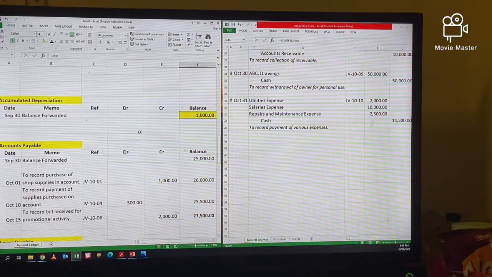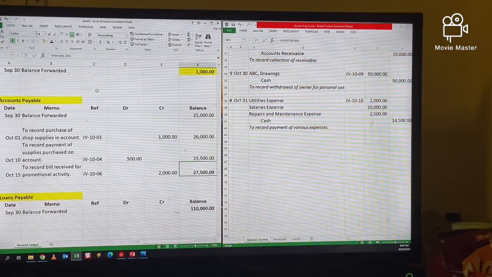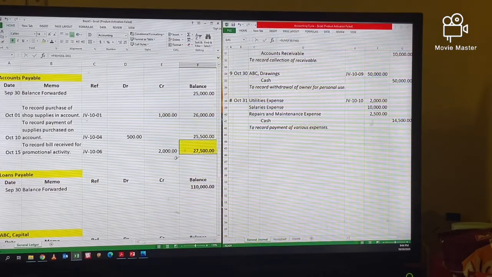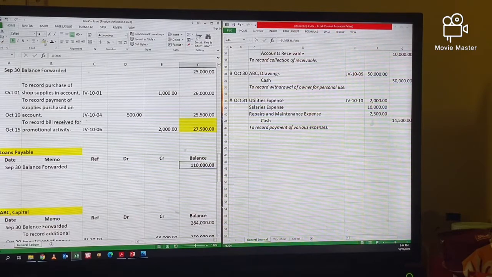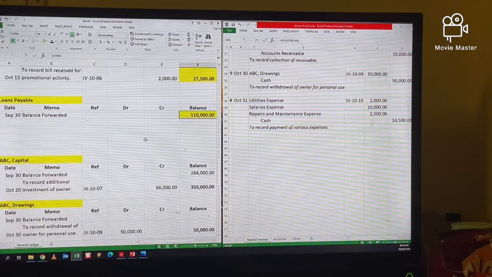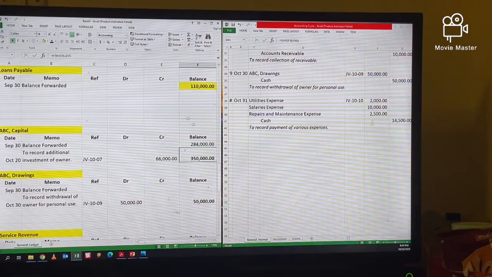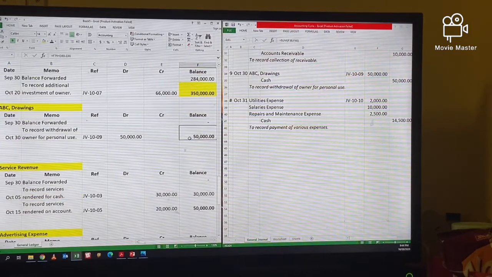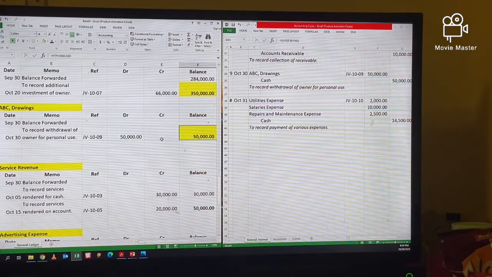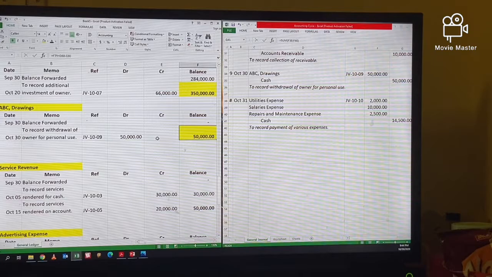Credit side, since it is a contra asset, we have accounts payable at 27,500. Since this is a liability, we have a credit balance. Loans payable, again a liability, credit balance of 110,000. Capital, it's equity, credit balance of 350,000. For drawings, we have a debit balance, contra equity of 50,000.